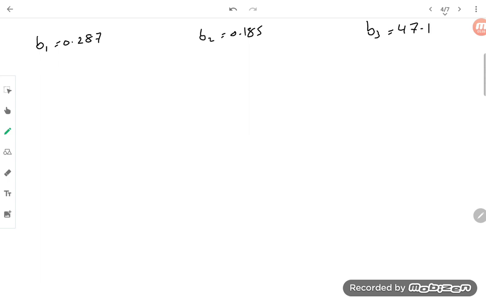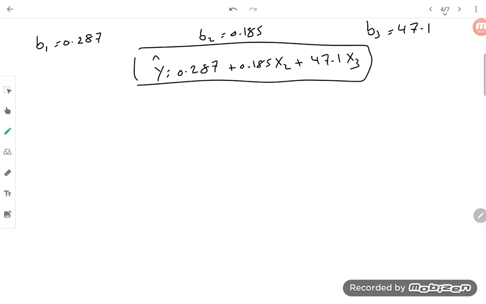So we can write the equation as Y hat equals 0.287 x1 plus 0.185 x2 plus 47.1 x3. So this is the estimated value of the parameters, and this is requirement number 1.